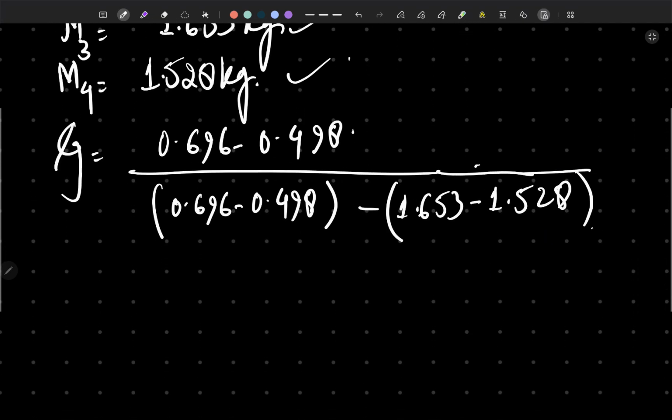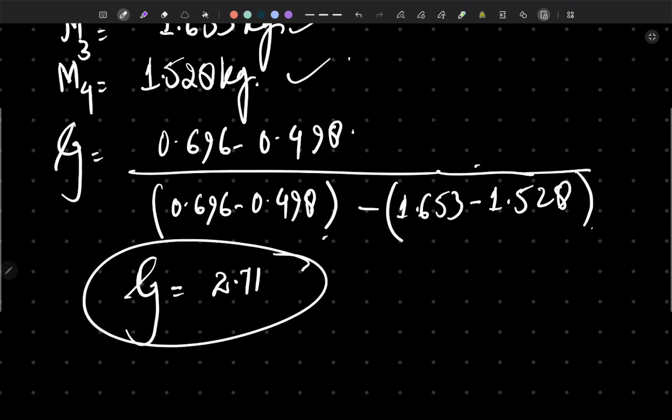Upon calculations, G is equal to 2.71. By calculations, the specific gravity of the soil solid particles came equivalent to how much? 2.71.